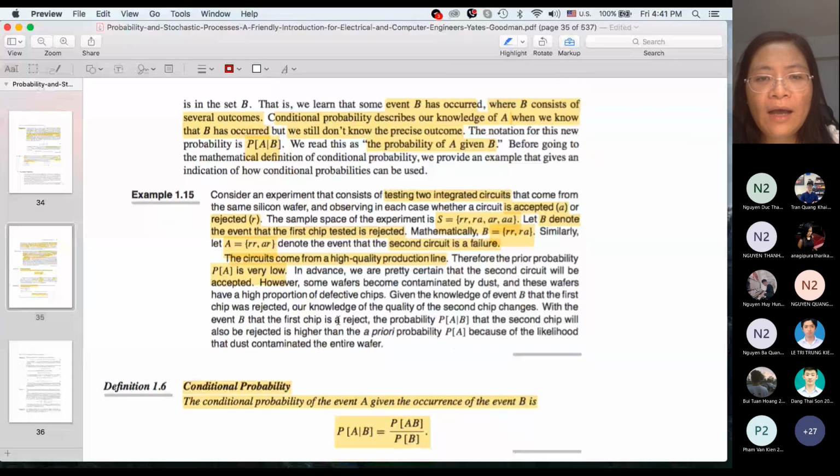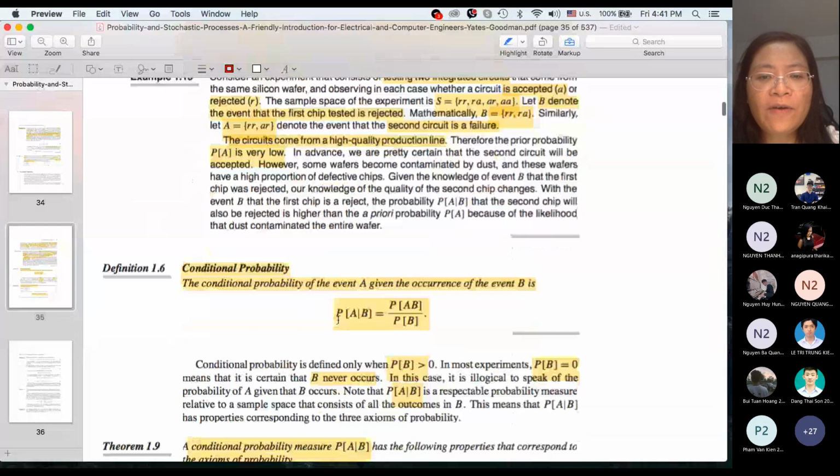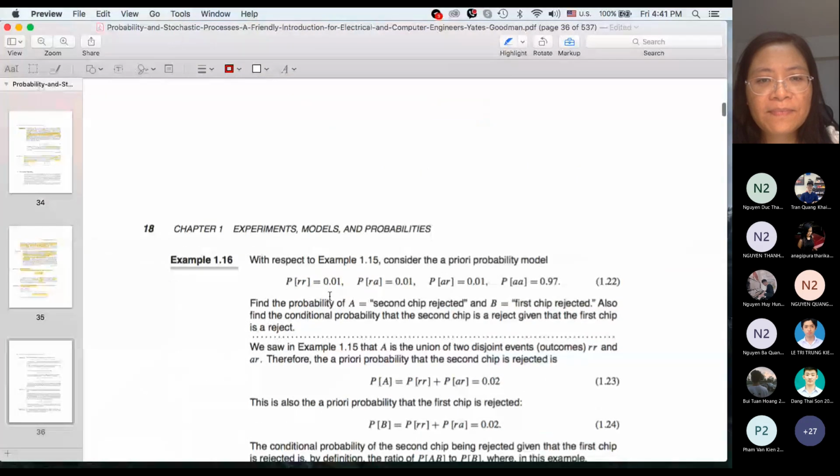Now we consider the prior probability model.